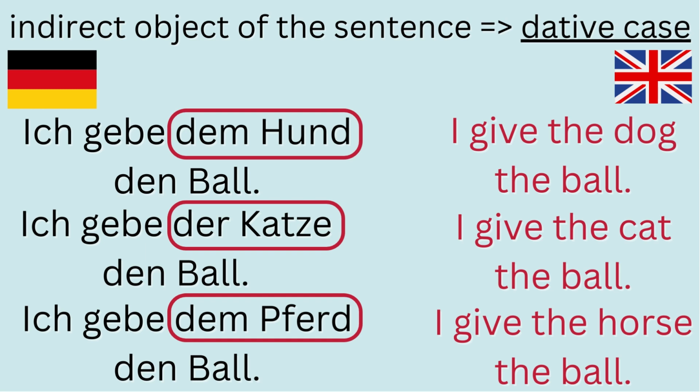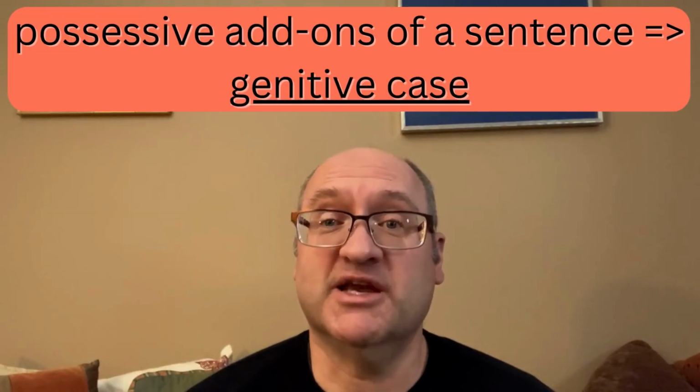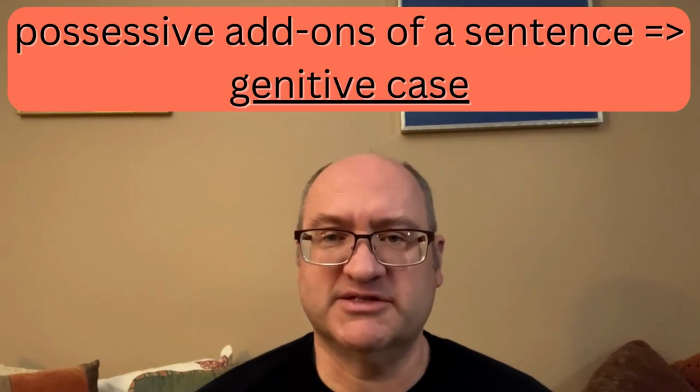It changes from der to dem. This is where it gets a little bit confusing. For the feminine noun, die Katze, it changes to der Katze, which looks like the nominative masculine, right? But it's not. It's the dative feminine definite article.